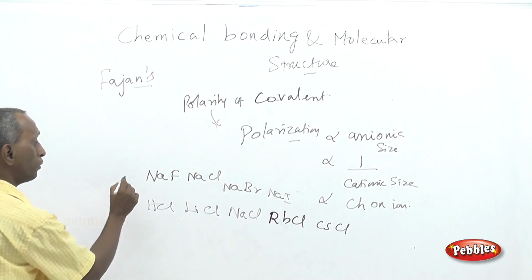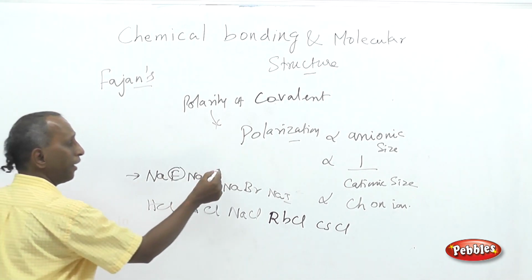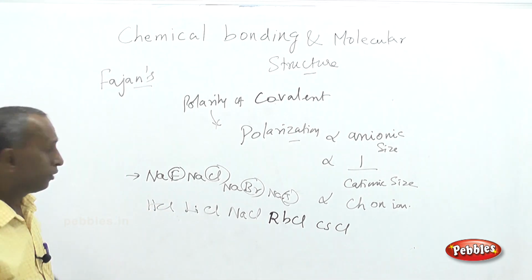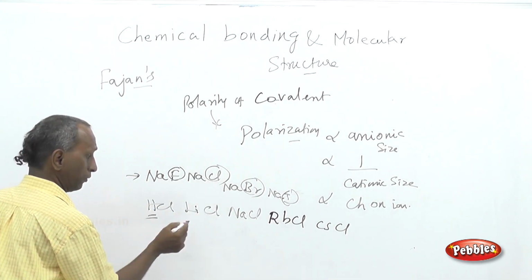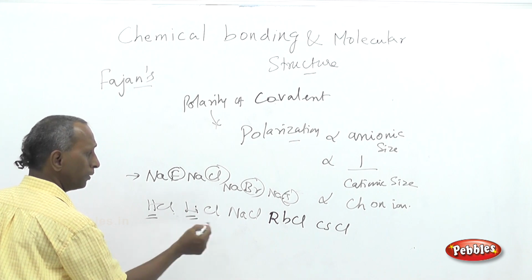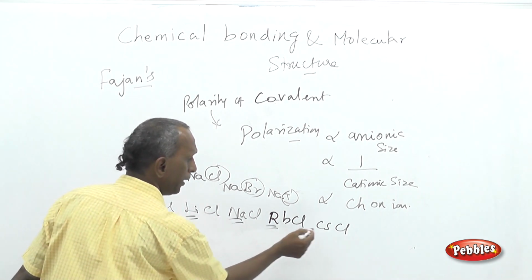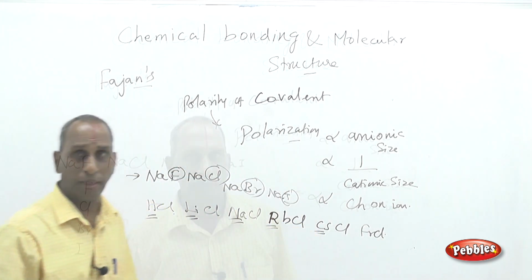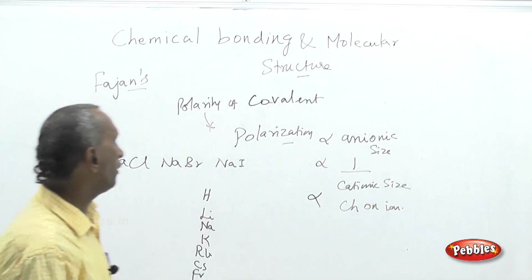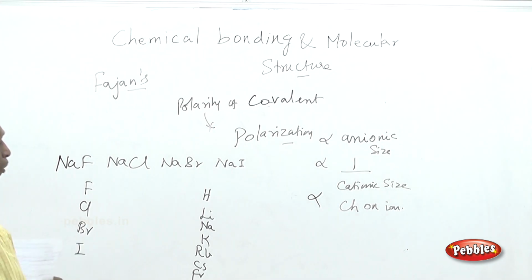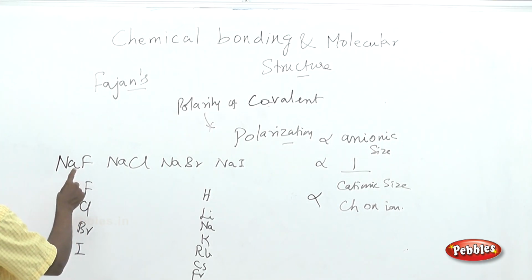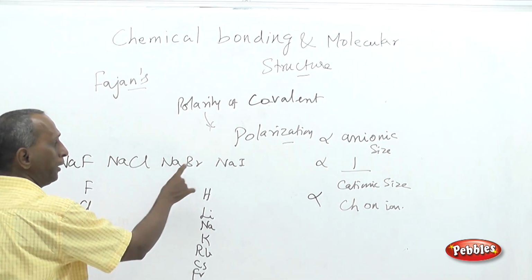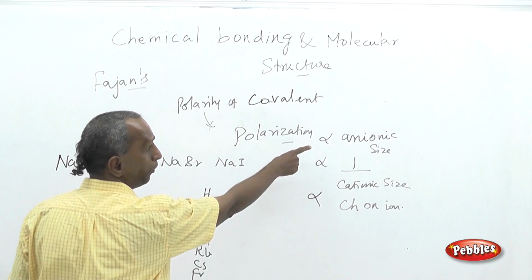In the first case, there is variation in the anions, keeping the cation constant. The second is the variation in the cation, with chlorine common: hydrogen, lithium, sodium, rubidium, cesium, francium chloride. Now, if we compare the covalent and ionic characteristics of sodium halides, sodium fluoride, sodium chloride, sodium bromide and sodium iodide, you have to bear in mind these points.